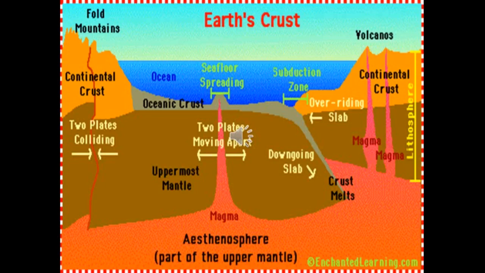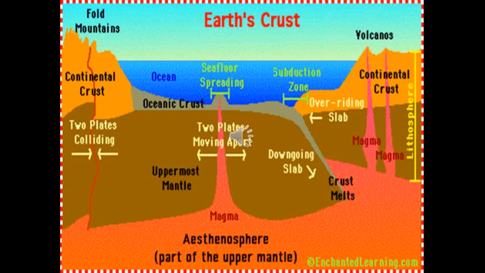And if the ocean crust and the continental crust collide with each other, the ocean crust goes down, the down-going slab, and the continental crust moves up, which results in the release of magma between ocean and continent, forming volcanic mountains.